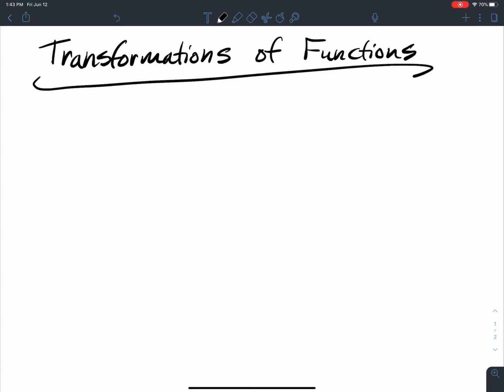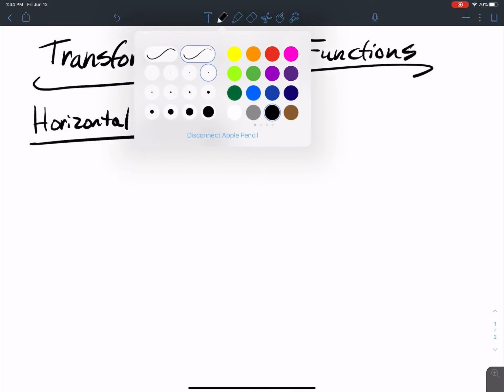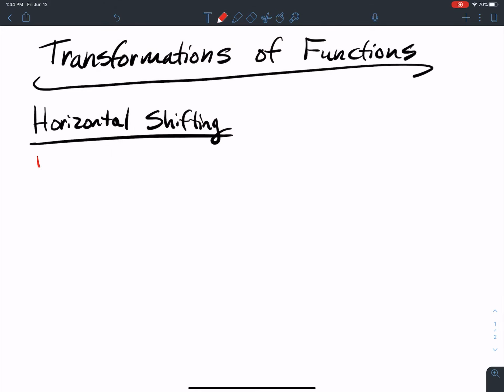So the first one, horizontal shifting. So what does this do? This moves the graph left or right.